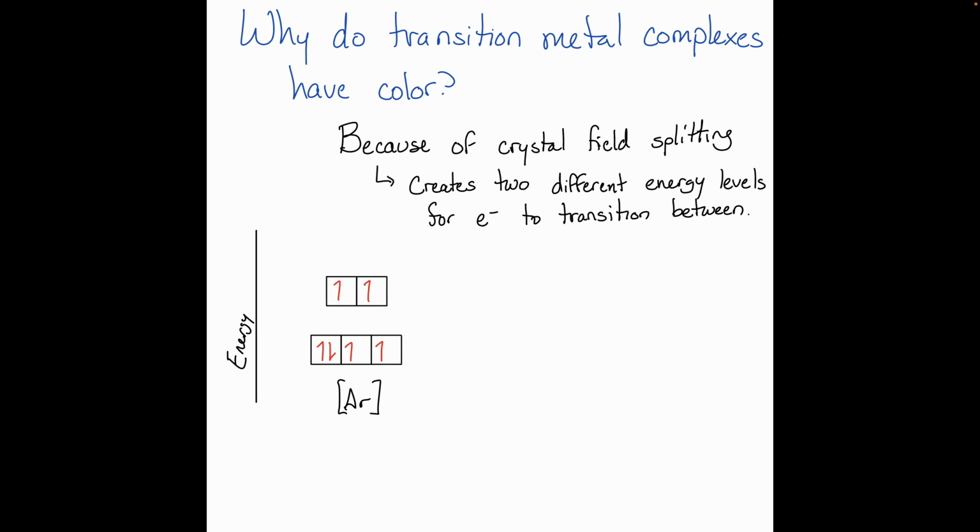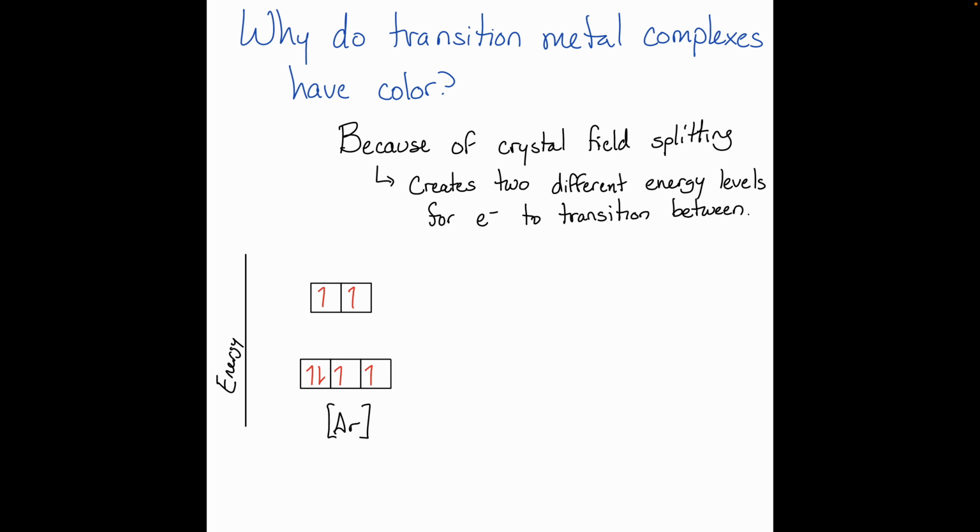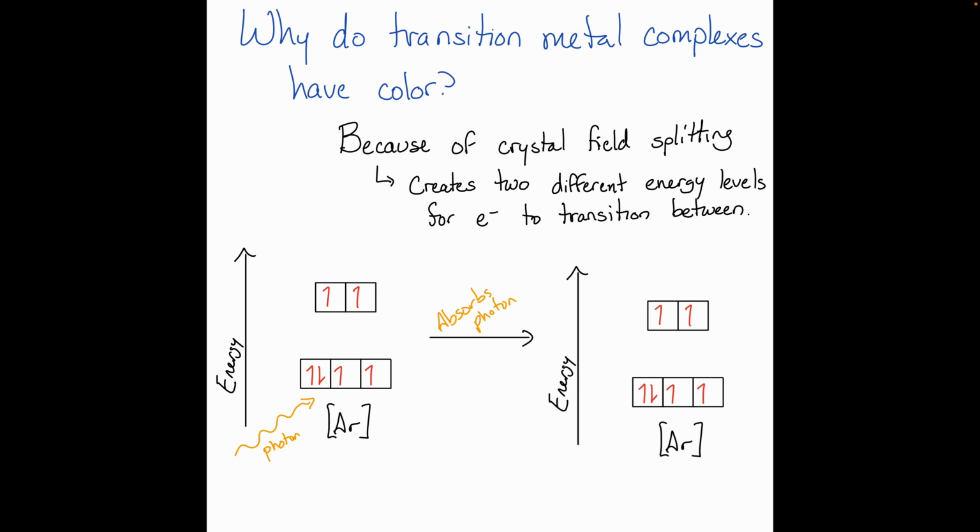All right, so if we took our transition metal complex here, and we shone a photon into it such that it absorbs a photon, well, just as we showed before, we're going to excite an electron from a lower energy level to a higher energy level.